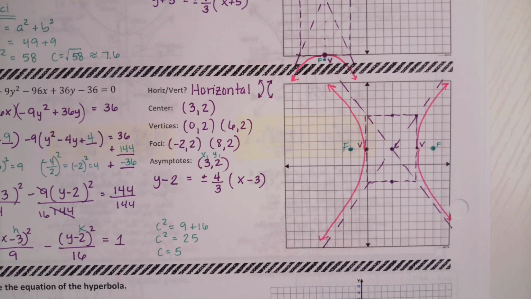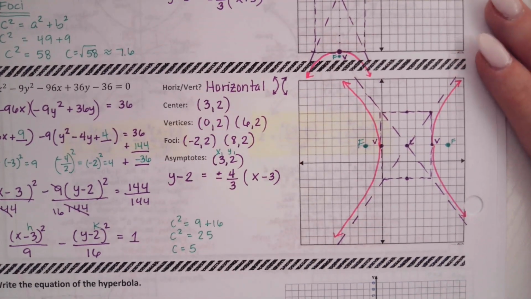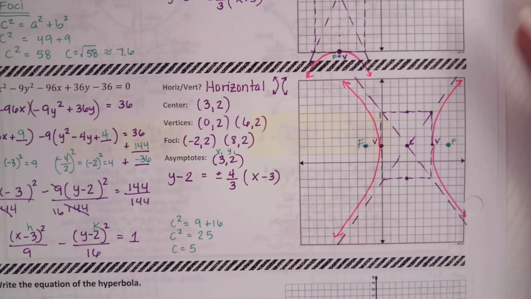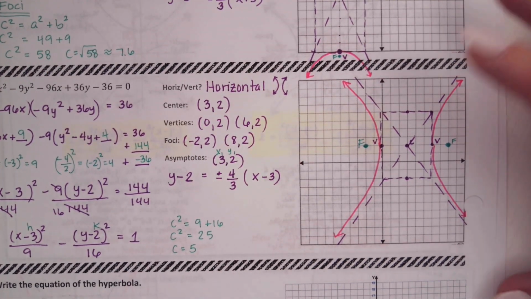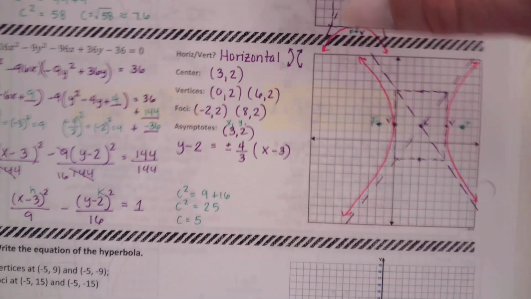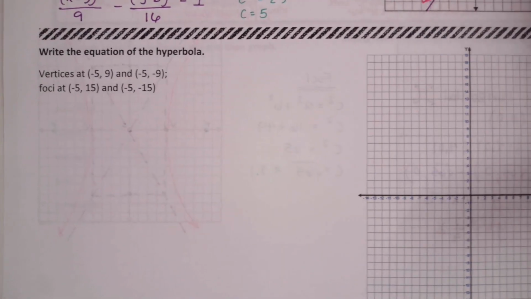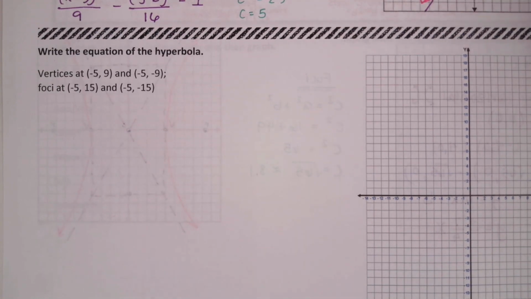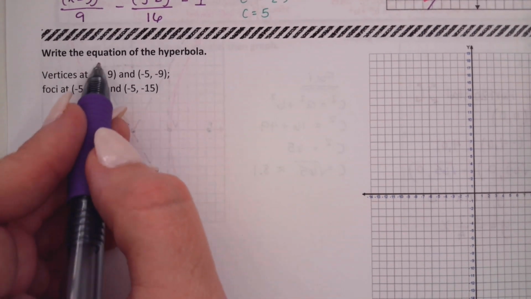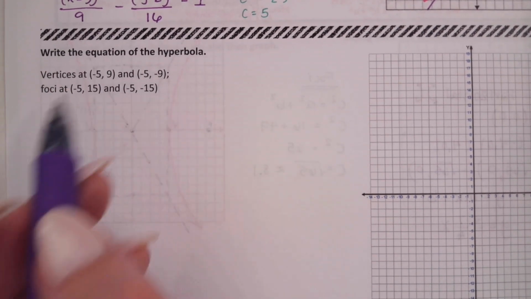And then the last one, we're actually going to go backwards. I actually think it's probably the easiest one. No, the graph's helpful though, to kind of visualize which way it faces, the center, etc. So again, on the last one, you don't have to graph, but it's good if you're a visual learner. First thing we're told is the two vertices. I have one at -5, 9 and one at -5, -9.